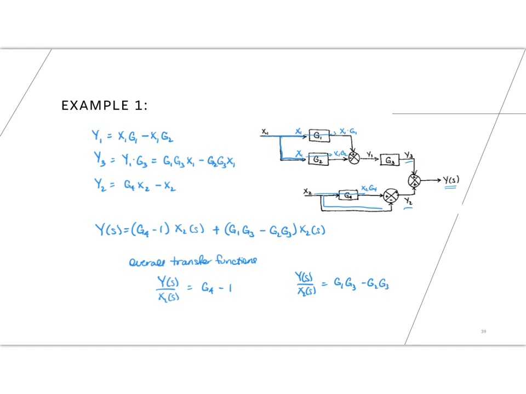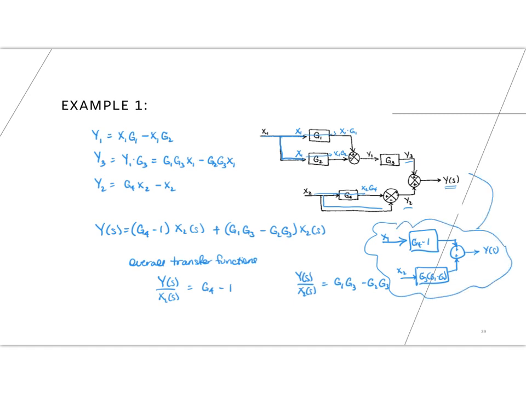I can simplify this and write it in terms of x2 times g4 minus 1, and add to that g3 times g1 minus g2 times x1, and this is equivalent to this.